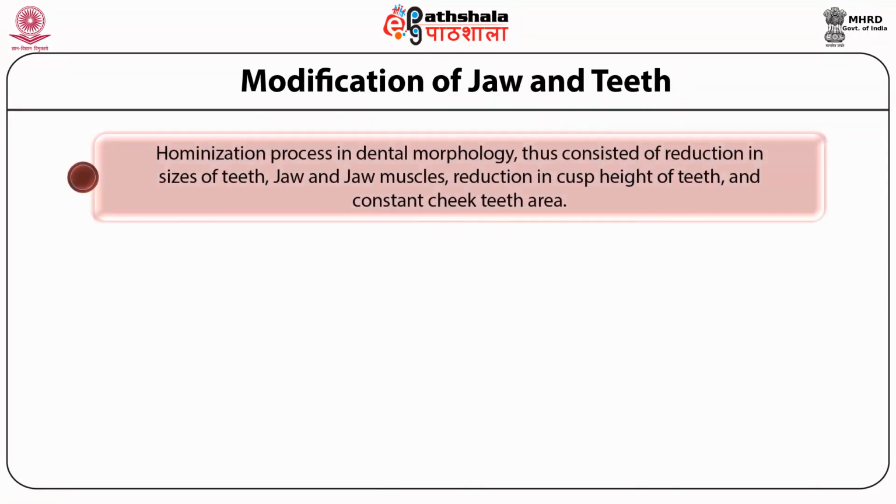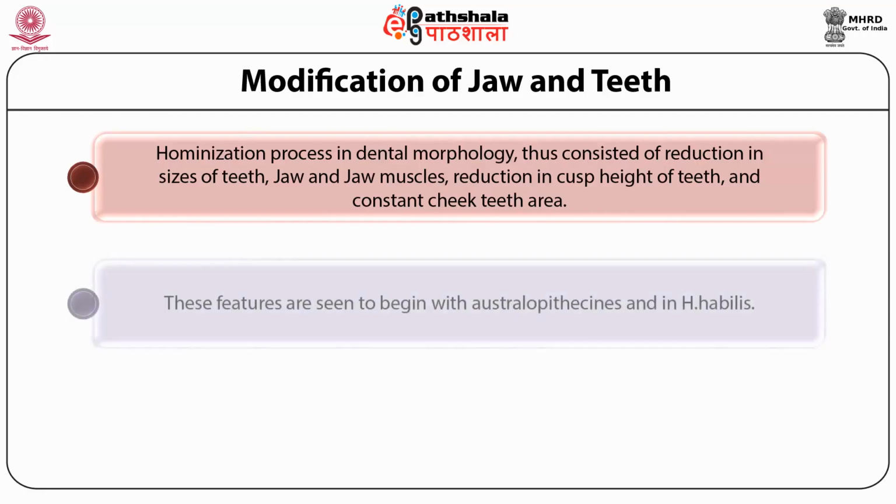The hominization process in dental morphology thus consisted of first a reduction in size of the teeth, then changes in the jaw and jaw muscle, reduction in cusp height of the teeth, and constant cheek teeth area. These features are seen to begin within Australopithecus and Homo habilis.